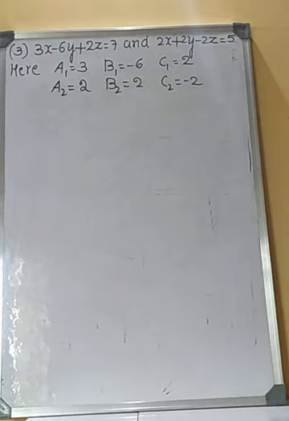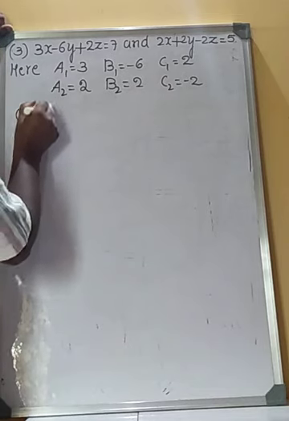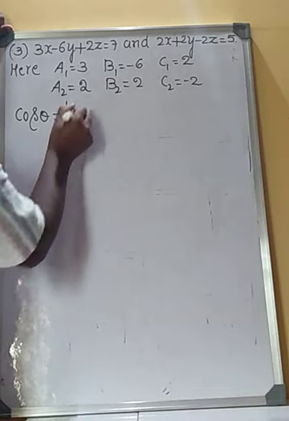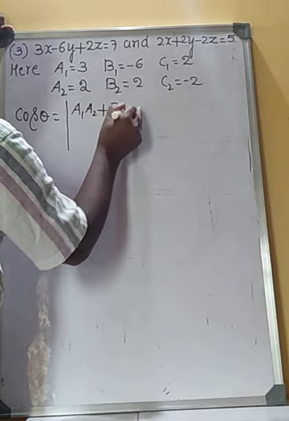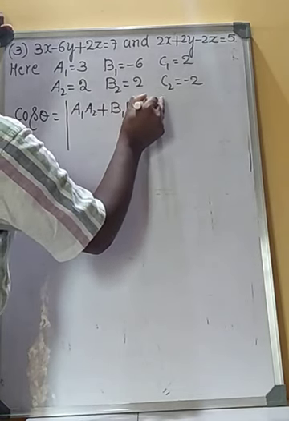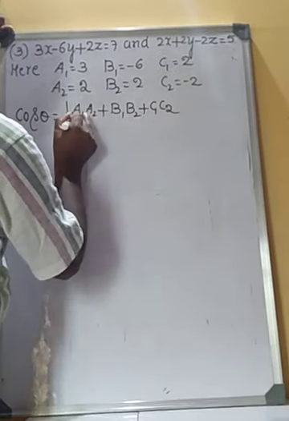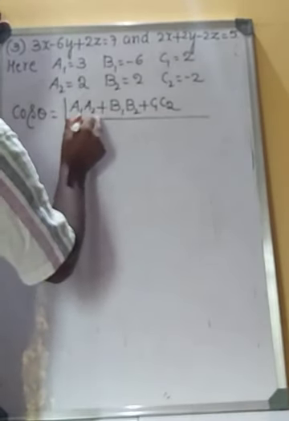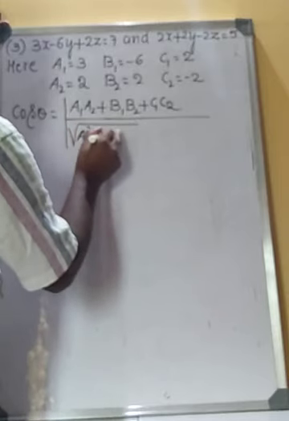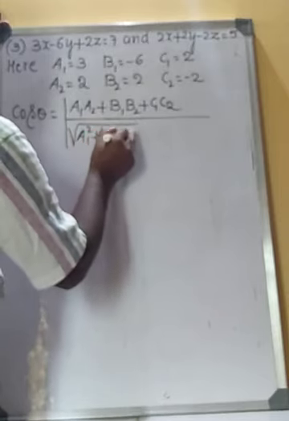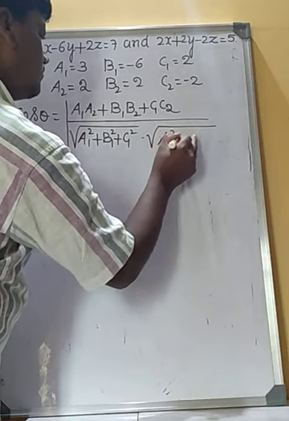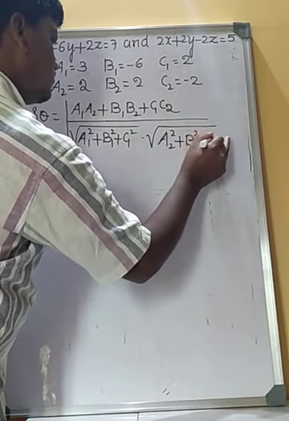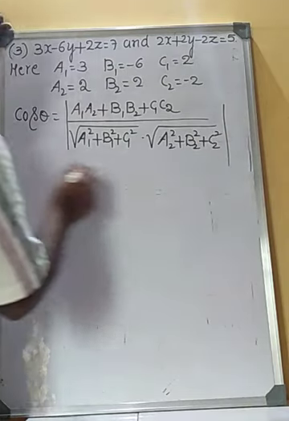Now the angle theta between the planes is given by cos theta is equal to magnitude of A1 into A2 plus B1 into B2 plus C1 into C2 dividing by square root of A1 square plus B1 square plus C1 square into root of A2 square plus B2 square plus C2 square.